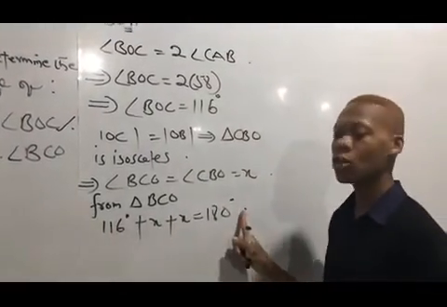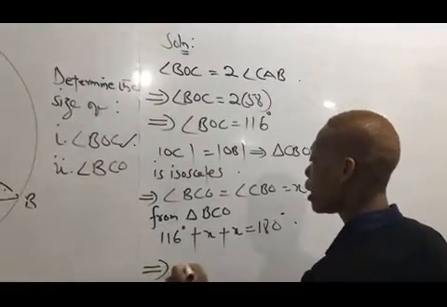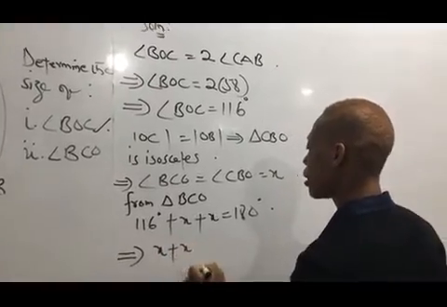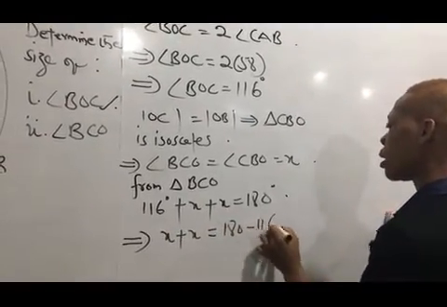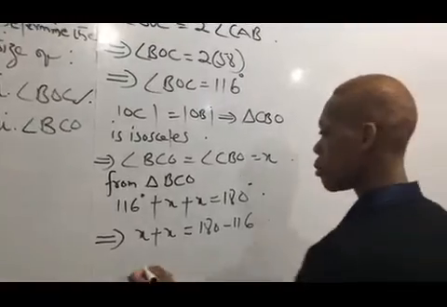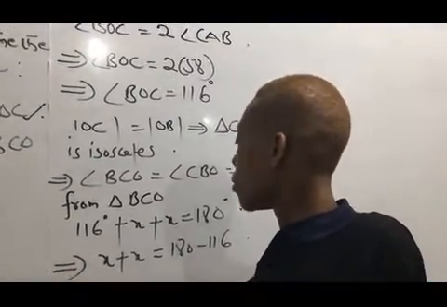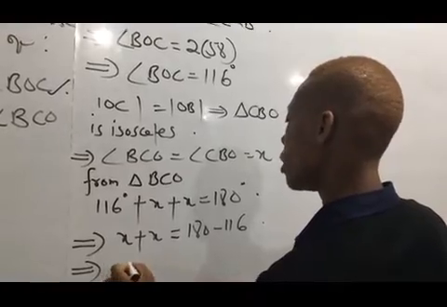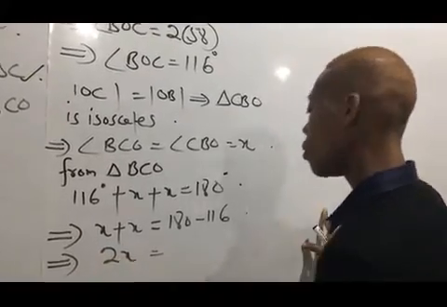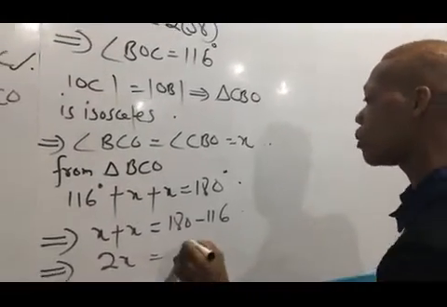Take this 116 to this side. So this implies X plus X is equal to 180 minus 116. Two X will be equal to 64.